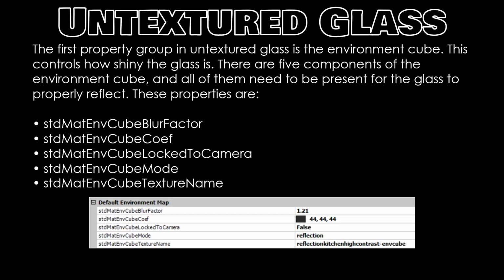And then standard matte environment cube texture name. Most folks don't really see this one a lot, but there are all of these pre-configured Maxis environment cubes. There are high gloss, which is most of the windows. There are the outdoor daytime, which is the environment cube you see on the car windshields.